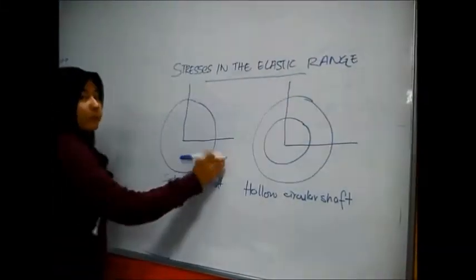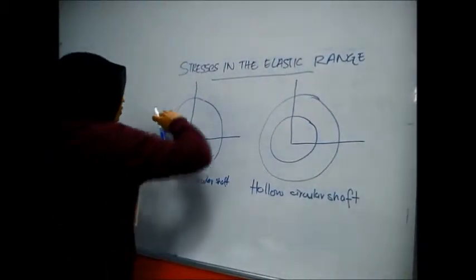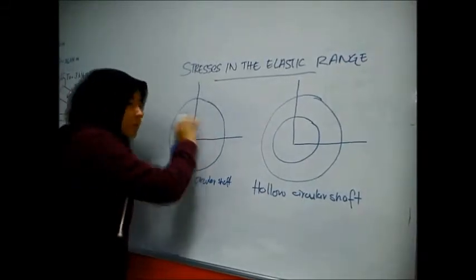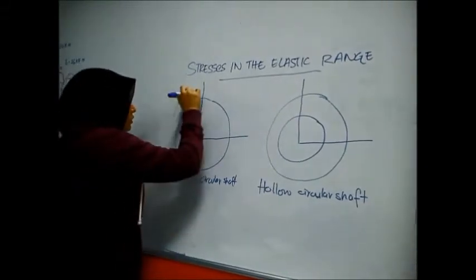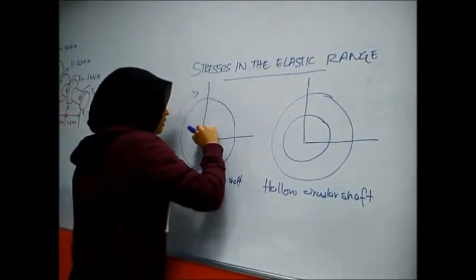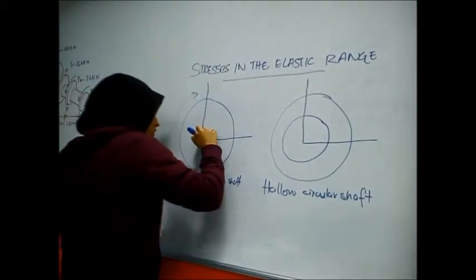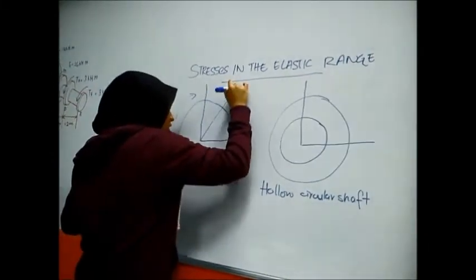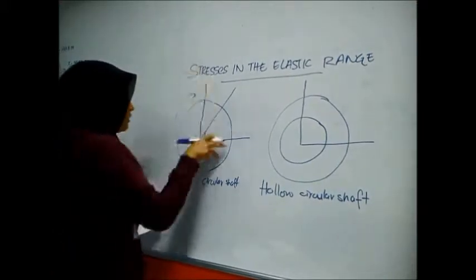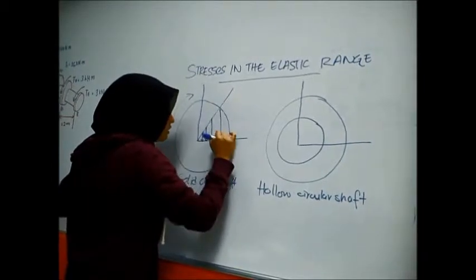Looking at the solid circular shaft, when the shaft is rotated to the right, the shearing stress will go downwards like this.